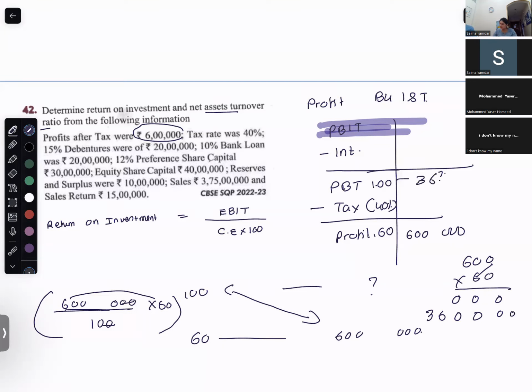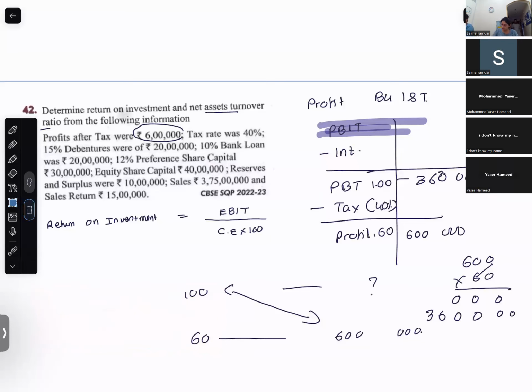So 360,000 is my profit before tax. I hope you have calculated. So, no, my calculation is wrong. Come on, again, let's do the calculation. Do the calculation yourself also.